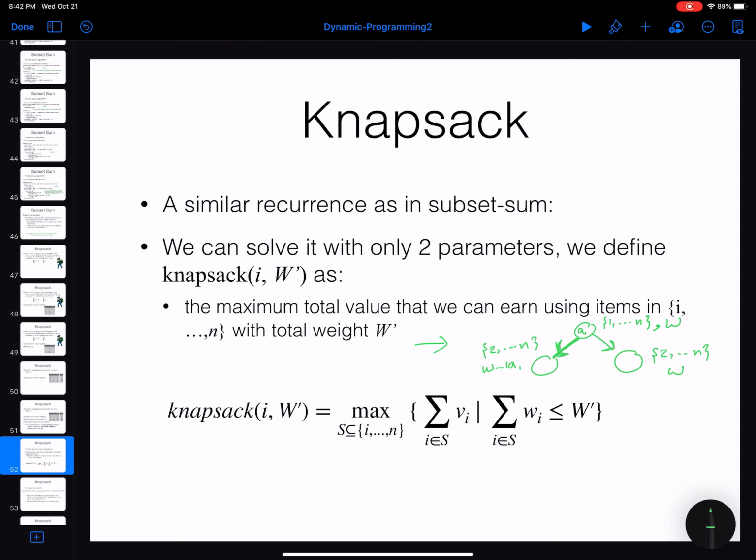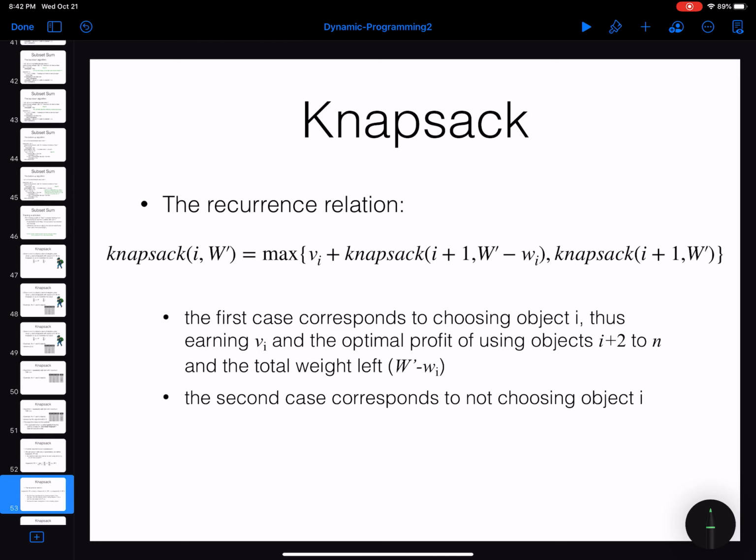So let's write this one as V1, okay, and W1. It's telling you that if you go this way, you can add the value of the first object as well. So this is going to be the maximum between these two cases, and on the left side you also add the value of that object. This is going to be the full recursive relation.